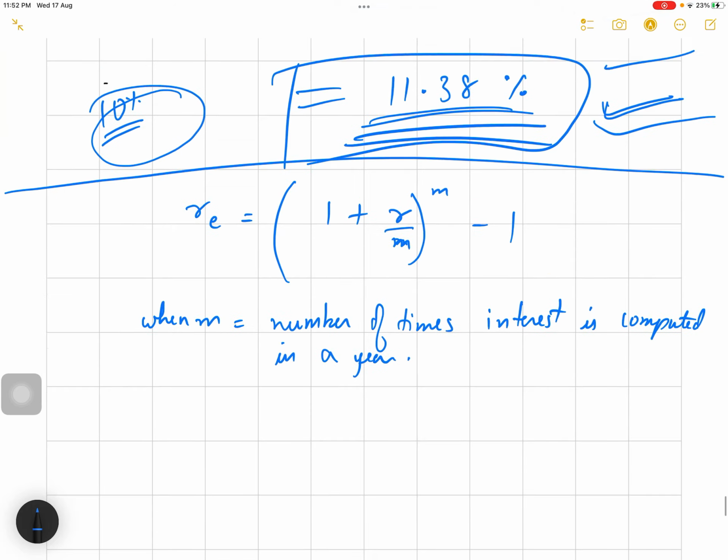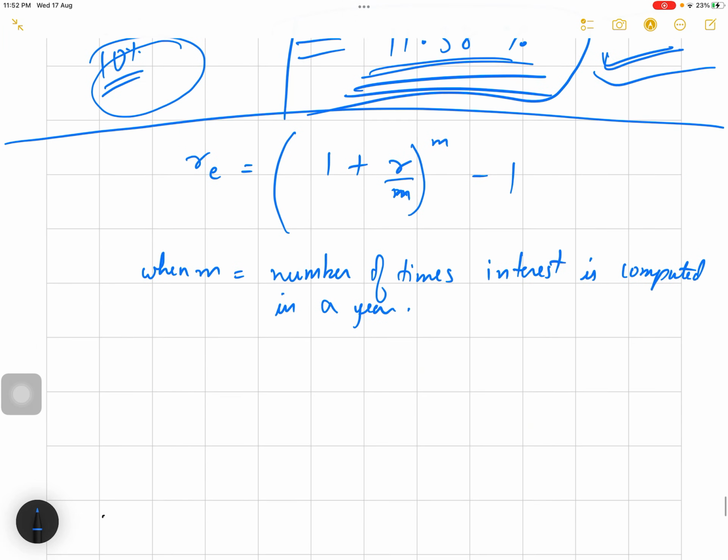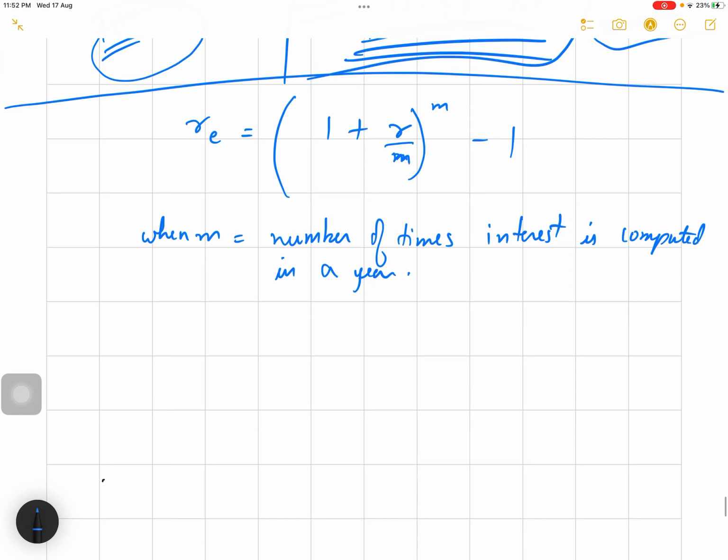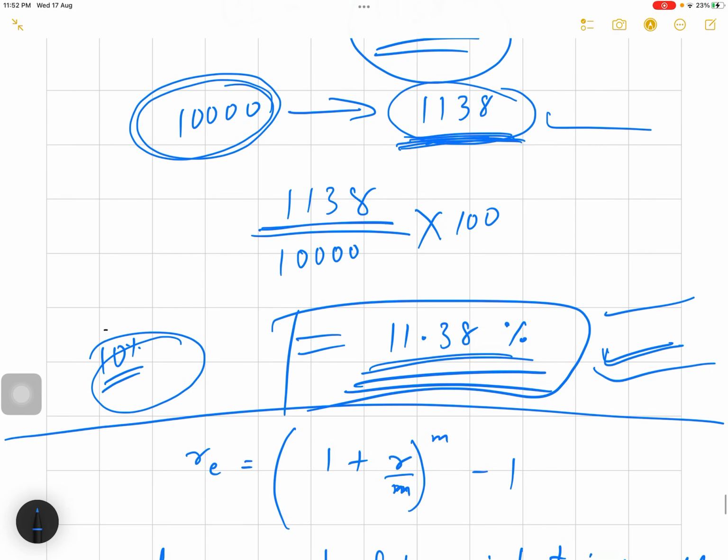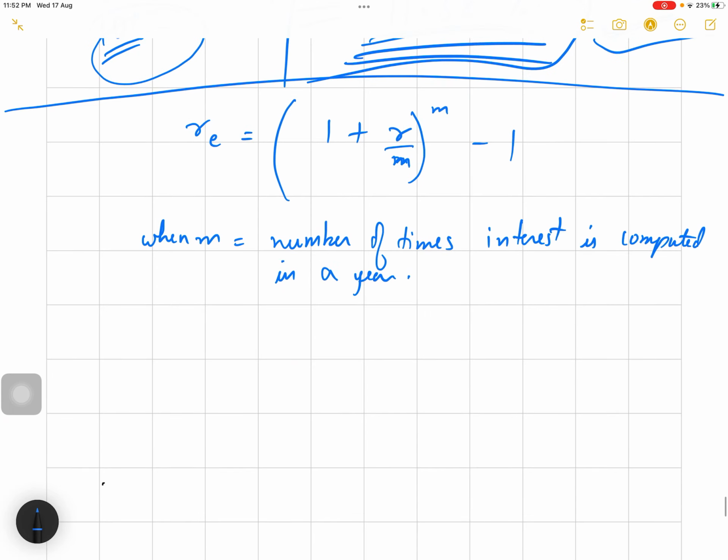Okay, so let's use the same question, because we were finding the effective rate of return. I got 11.38%, right? Let's try that. Suppose my rate of interest is 10%.